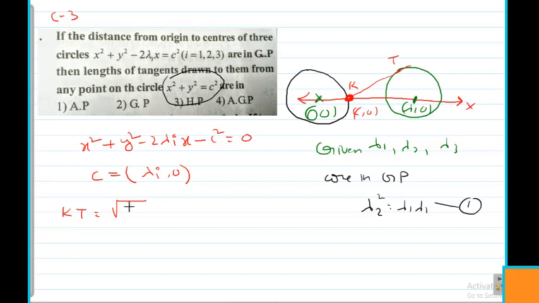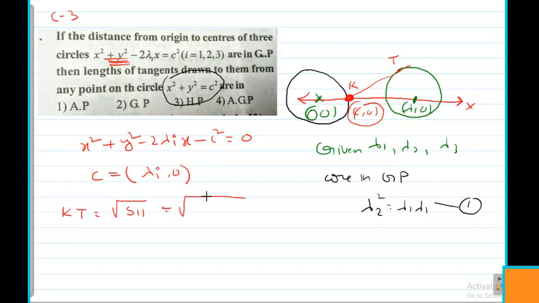KT is nothing but root over S11. One important thing: while finding root over S11, your circle should have the form x square plus y square, not kx square plus ky square form. Convert a given circle to standard form, then only we need to find the S11 value. So we just substitute (c, 0) in the circle equation. The left-hand side is taken as S11.